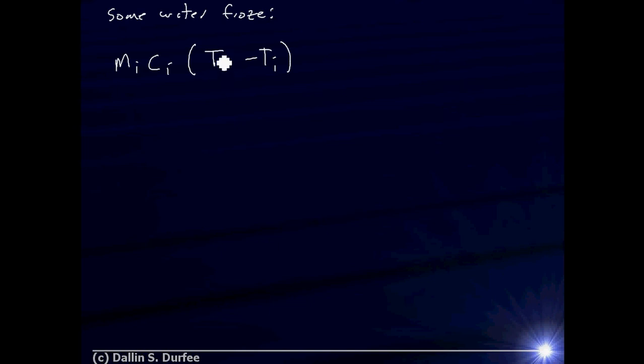And if some of the water freezes, what does that tell me? I haven't frozen all of the water. That means I have ice and water in equilibrium, which means my final temperature is 0 degrees C. So I shouldn't put temperature final here. I should put 0 degrees C. And that's how much heat it takes to warm up my ice to 0 degrees C. That's all the energy that flows into my ice, because I'm not melting any of my ice, I'm freezing water.